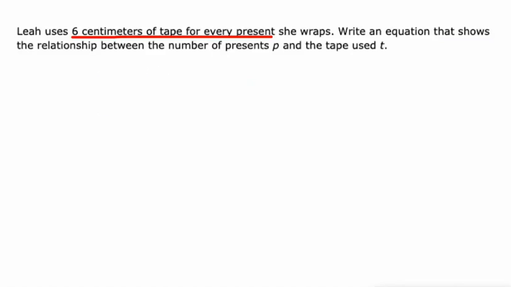It's 6 centimeters of tape for every present. So T is our dependent variable, and it is determined by doing 6 times the number of presents, right? There we go. So T equals 6 times P.